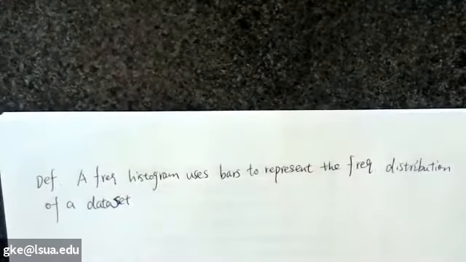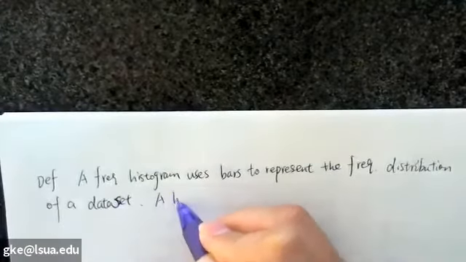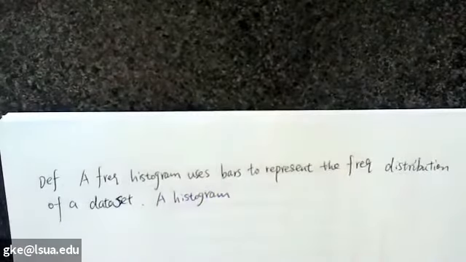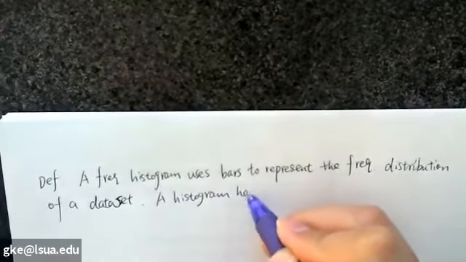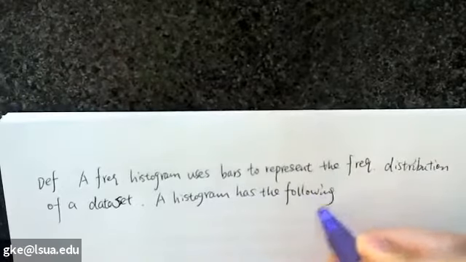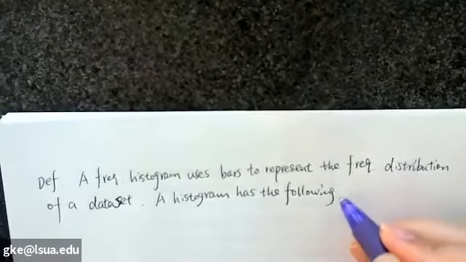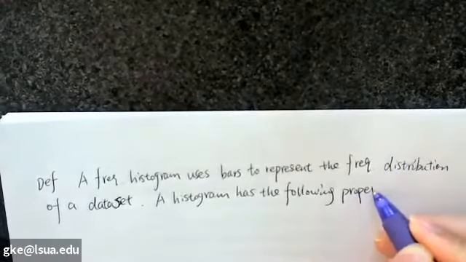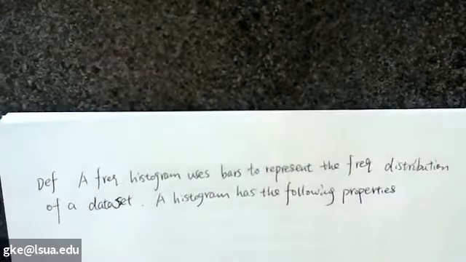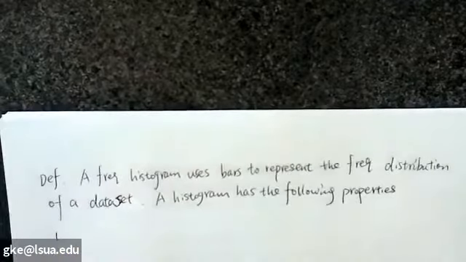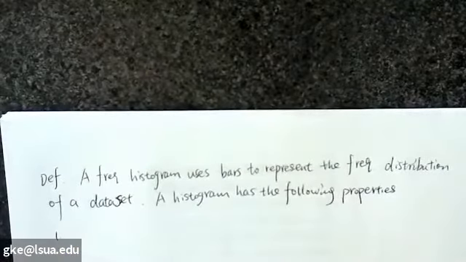A histogram has the following properties. The first one is the horizontal scale.